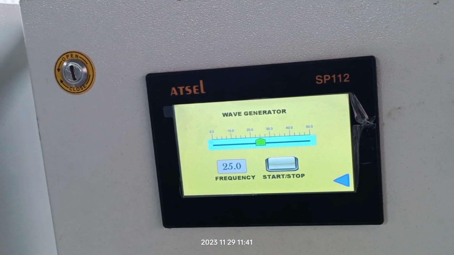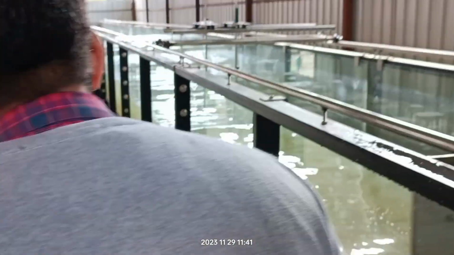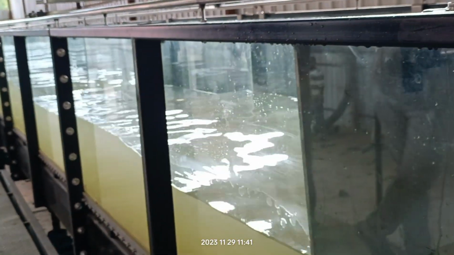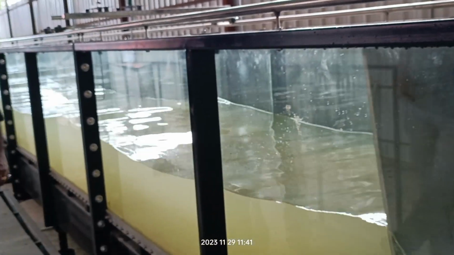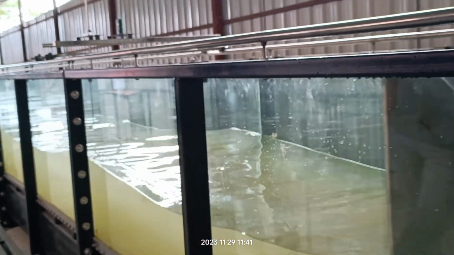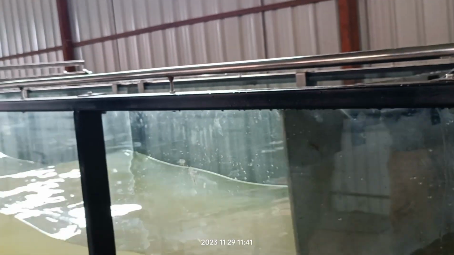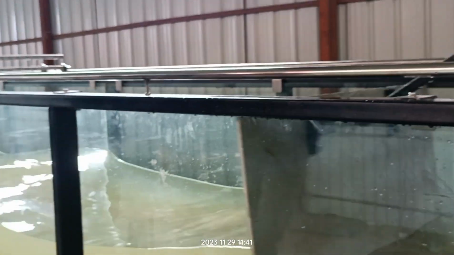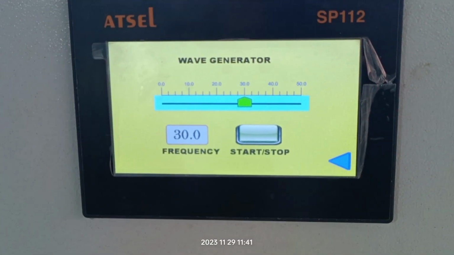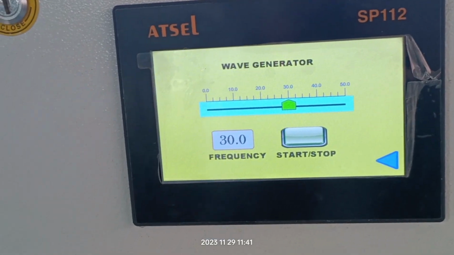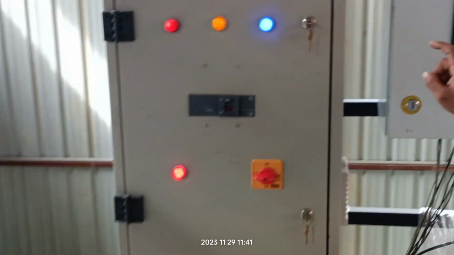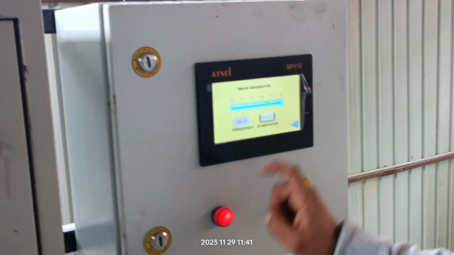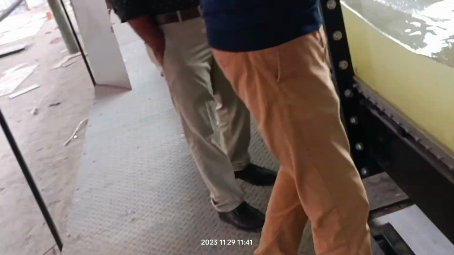Now frequency 25. You can increase to 95%. Now it is 60%. Now it's 30%. I will increase the speed. Now how much? 70%.